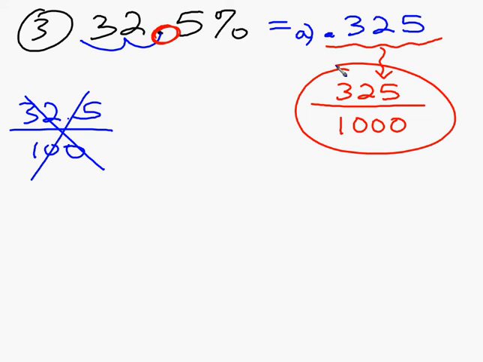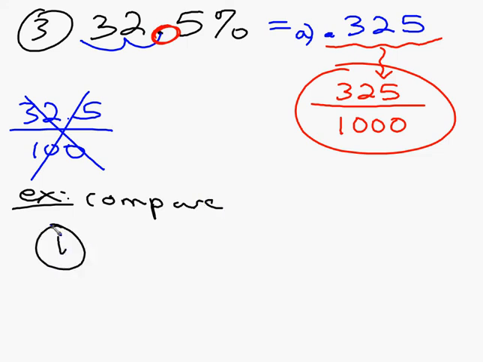The last thing they're going to ask you to do real quick is to compare. And they're going to give you something like 30% compared to 0.03. Okay? So what you have to do is get them both in the same form so you can compare them.